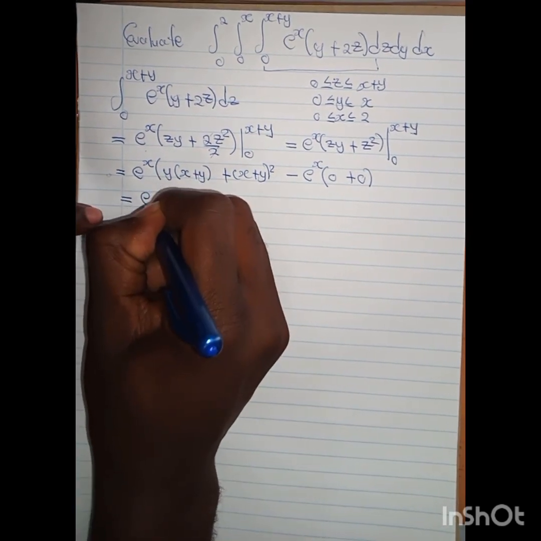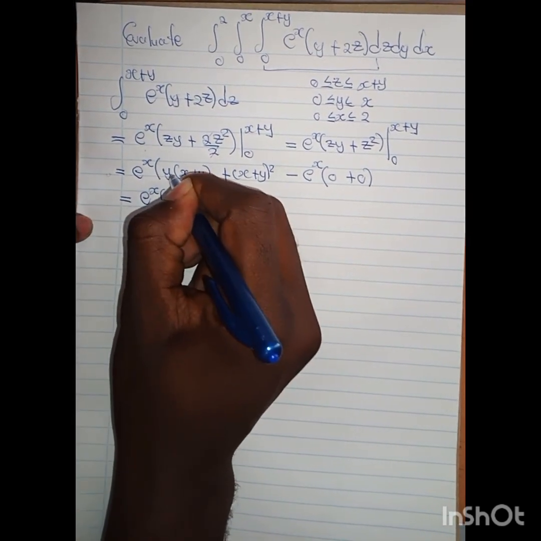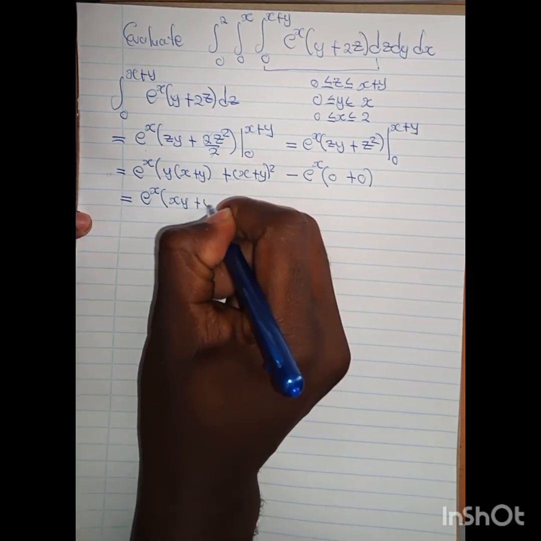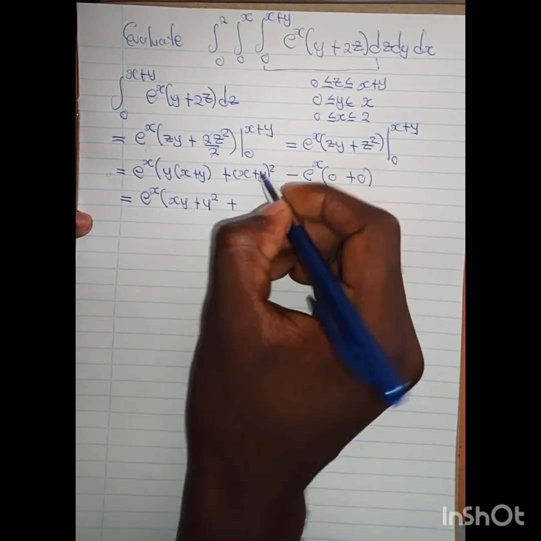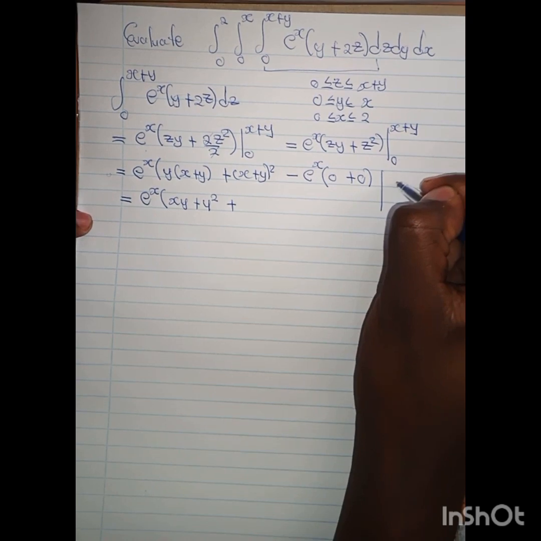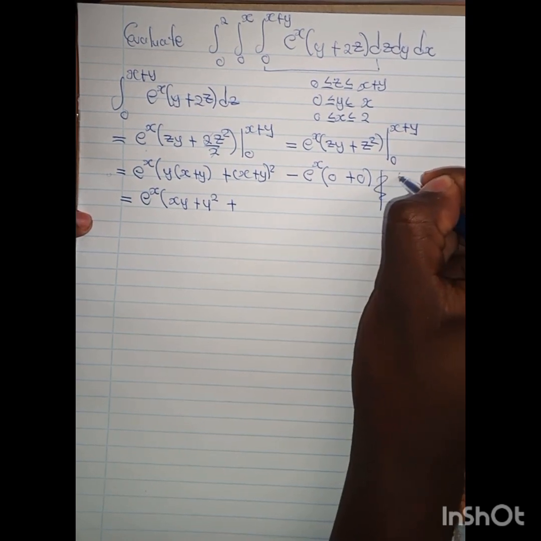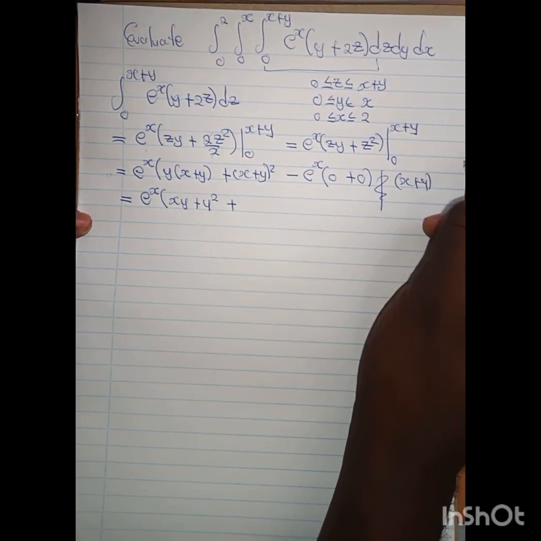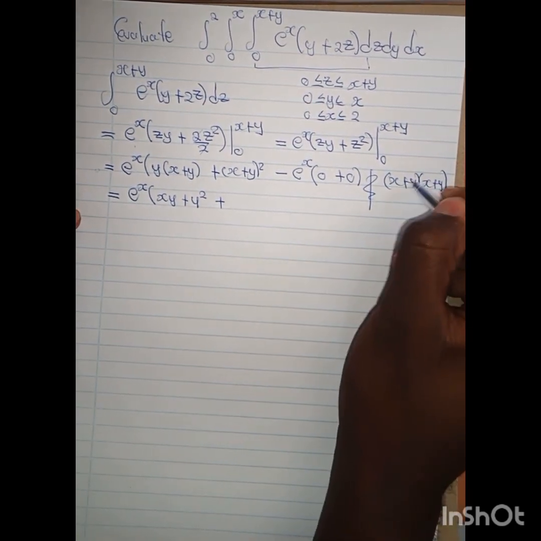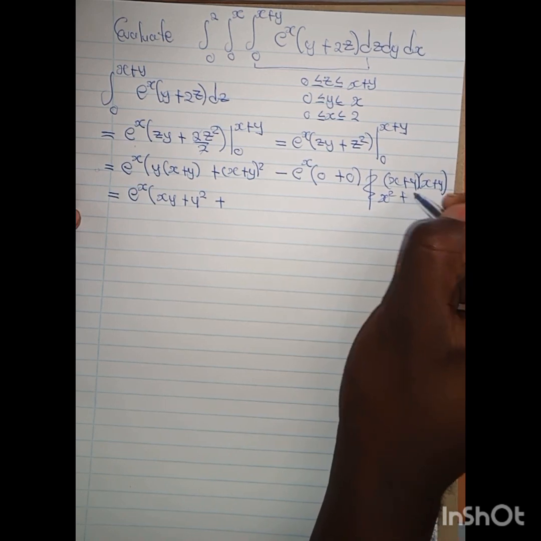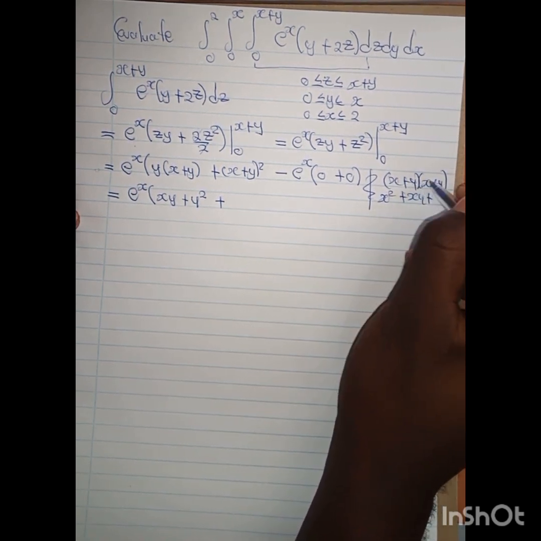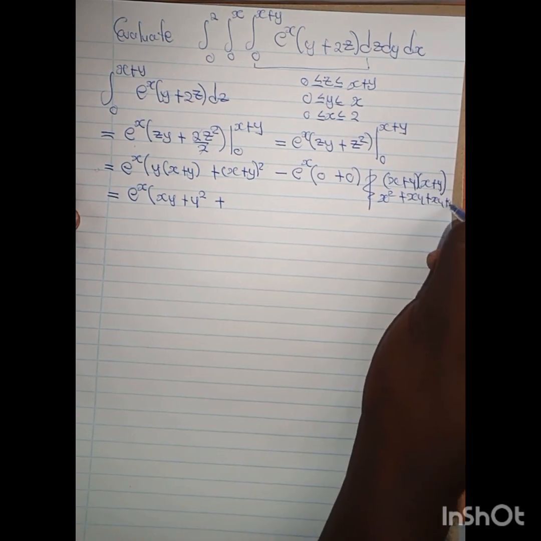It means that we'll have e to the x, then multiply y inside, and we get xy plus y squared, plus, because of the square, we have to expand x plus y all squared. I'm sure you know this. x multiplied by x is x squared, plus x multiplied by y, xy, plus y multiplied by x, xy, plus y squared.